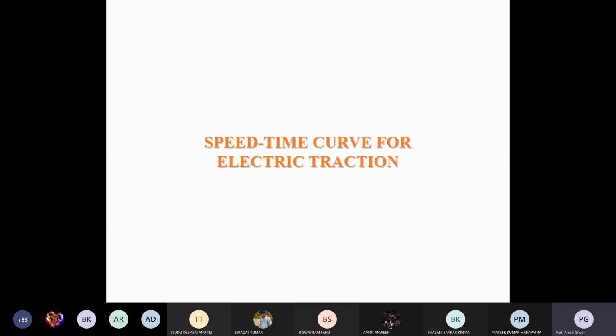In traction drives, for city, intracity, intercity or mainline transportation, the input electricity is 25 kV AC. That is our main source.